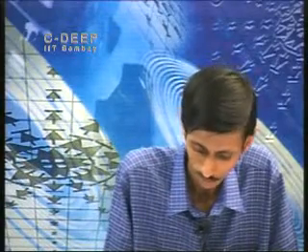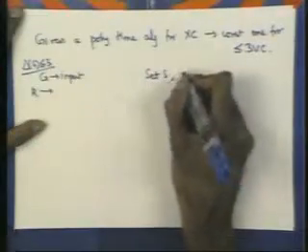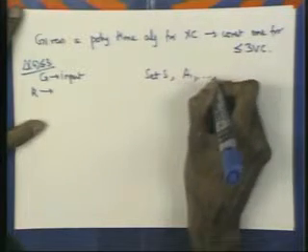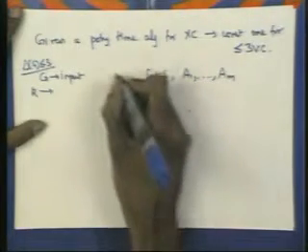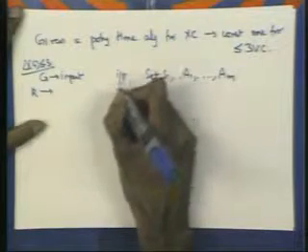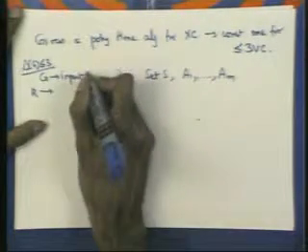Okay, so let's write down what the solutions to XC and vertex cover look like. The input to XC is set S and A1 through AM. This is the input to VC.